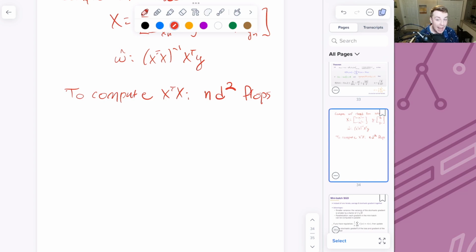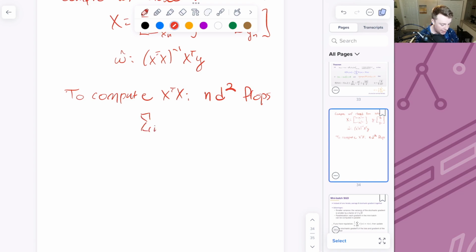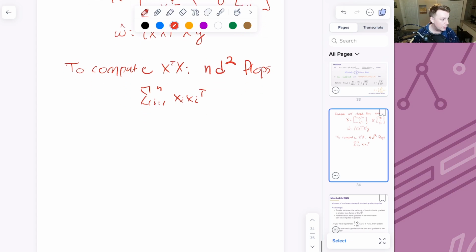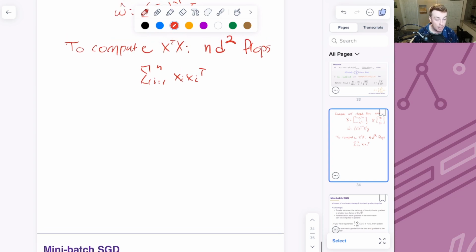This ends up needing N times D squared operations just to compute X transpose X. So you have the sum from i equals 1 to N of xi xi transpose. This is making a D by D matrix. You have to fill in D squared values, and you're doing that N times and summing those up. So it's going to take a decent amount of time to compute this. Also, in terms of memory, you have to represent this D by D matrix this whole time. But this is actually not even the most complicated part of that.